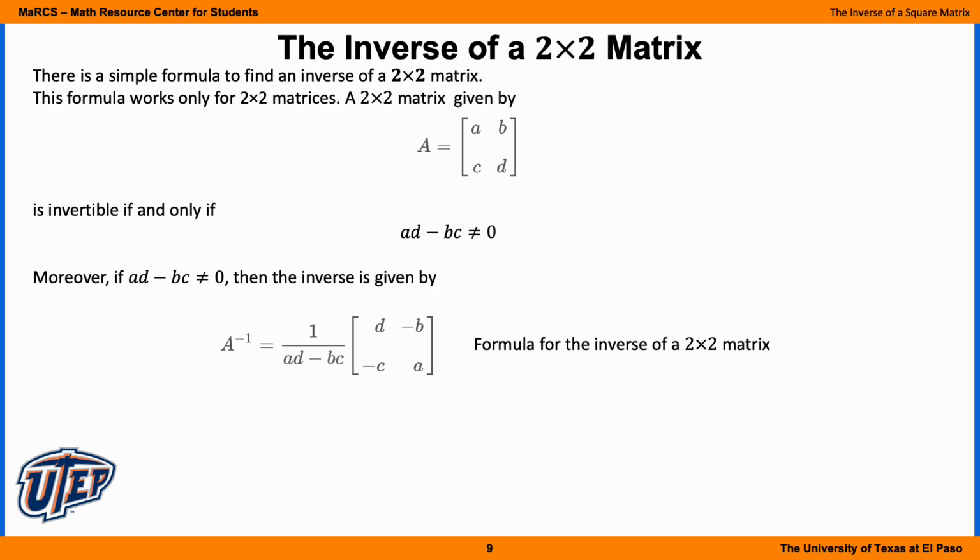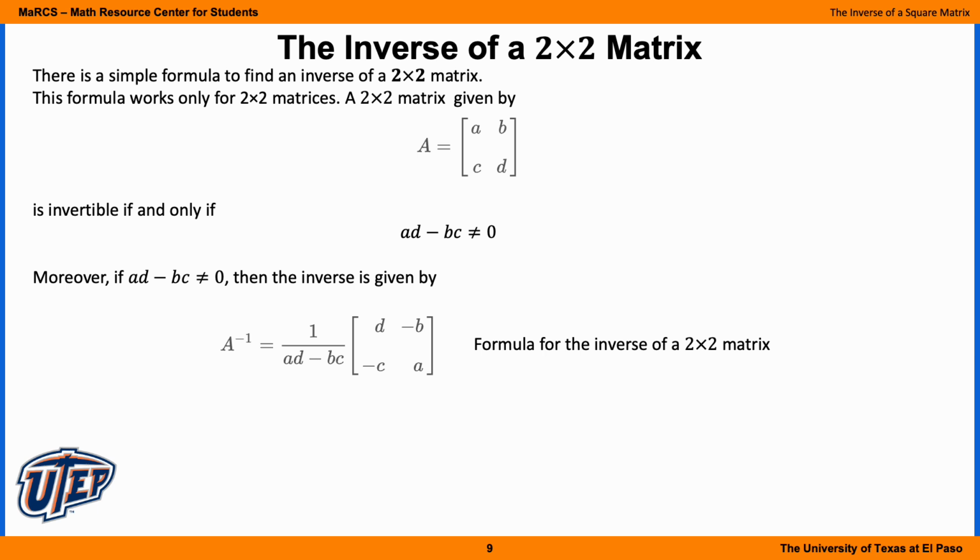To find the inverse of a 2 by 2 matrix, we can follow this simple formula, but it must follow this property. So if we're given the matrix A that is of size 2 by 2 with entries A, B, C, and D, then it is invertible if and only if A times D minus B times C is not equal to 0.